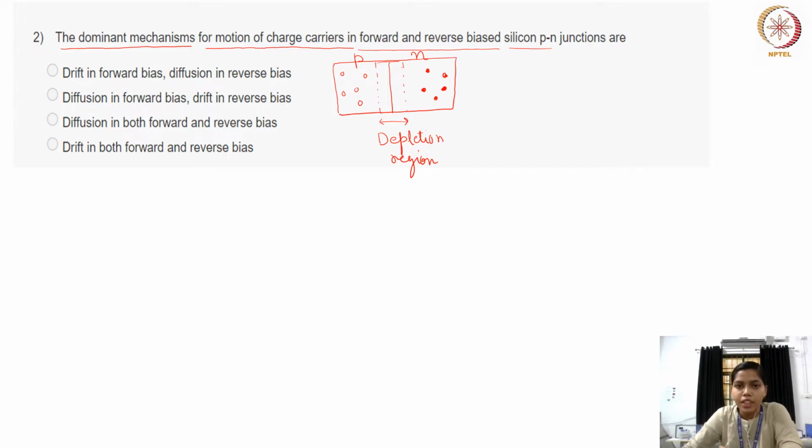Whenever a hole moves from P side to N side, a negative immobile ion is left here. In the similar sense, in the N side region, a positive fixed ion will be created. So this leads to the formation of this depletion region, which has an internal electric field. Correct? So this is clear to everyone?